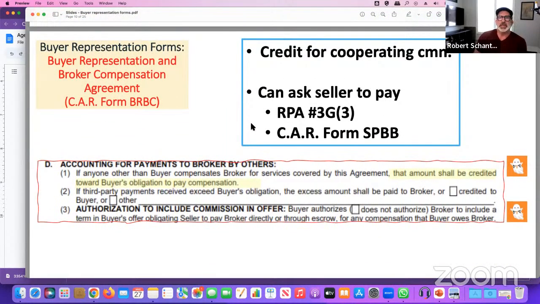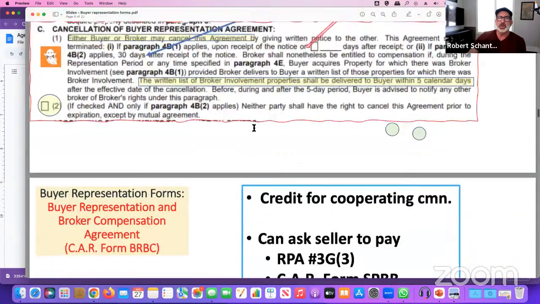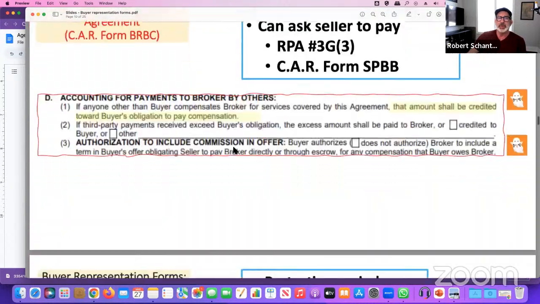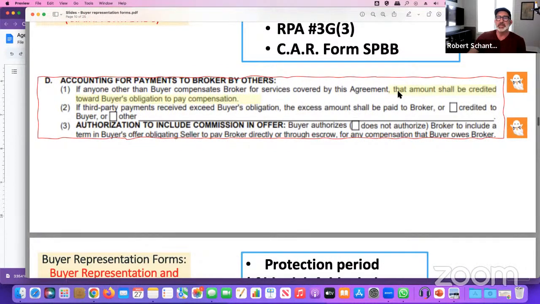Next section is the accounting for payments to brokers by others. So it's basically the credit for the cooperating broker commission. If anyone other than buyer compensates broker for services covered by this agreement, that amount shall be credited toward the buyer's obligation to pay the compensation. So if up here in 4A you put 3%, down here it basically says we're going to credit you whatever the seller is going to pay, or the other broker is going to pay.